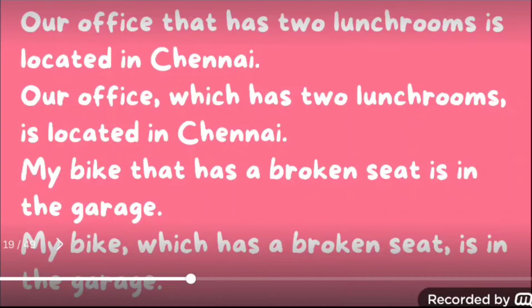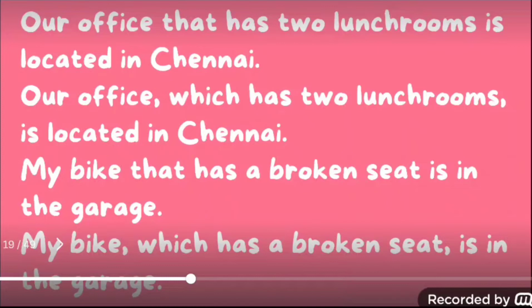So what this sentence means, we must remember that is used to describe defining things, important things. So here this sentence means we have offices at many places, but where is the office with 2 lunch rooms? In Chennai. So here we have focused on the office. So the office that has 2 lunch rooms. We have many offices, many parts of the world, but where is the office with 2 lunch rooms? In Chennai. Let's look at the second example.